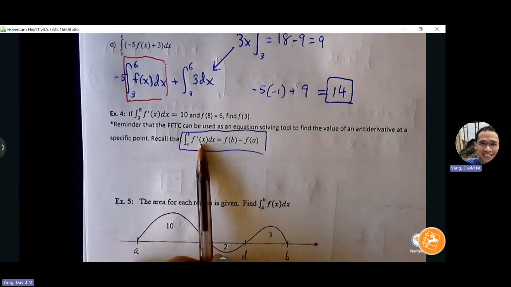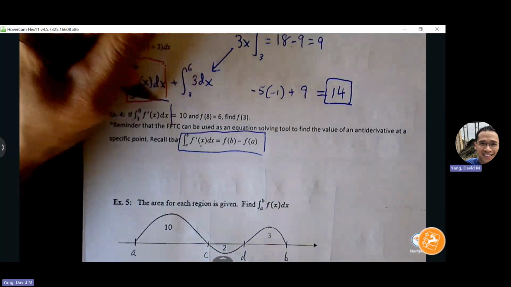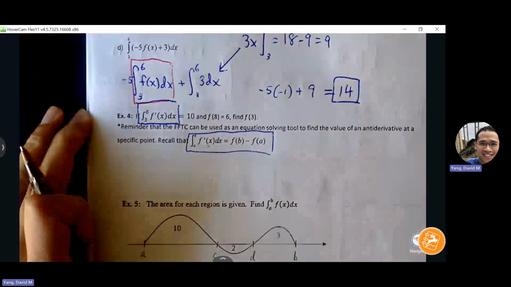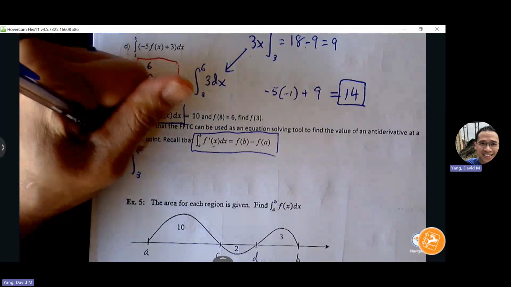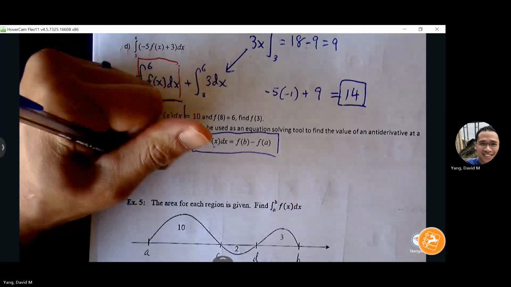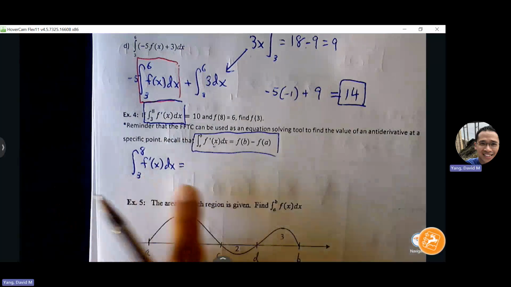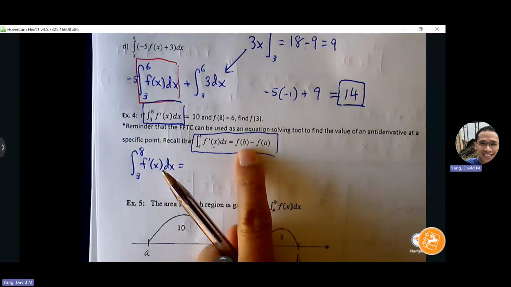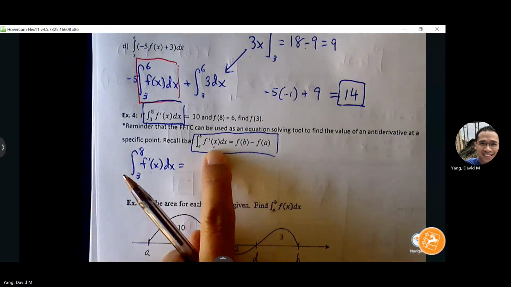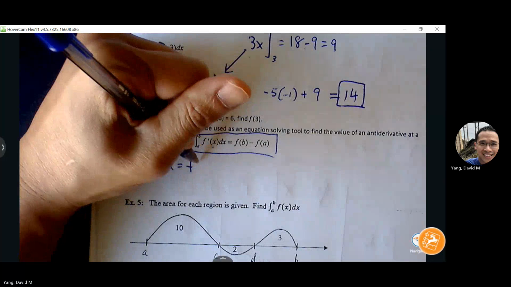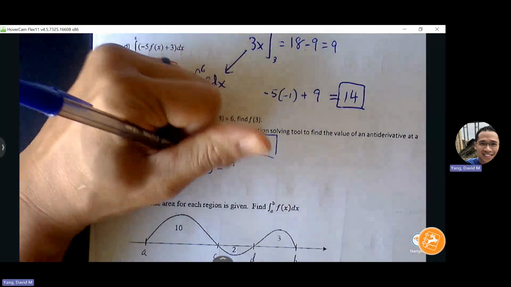I know that the integral of f prime will just turn into f of b minus f of a. So if I can spell that relationship out, I can see a little bit more of what's involved here. So the integral from 3 to 8 of f prime, without looking at that 10, I can spell that out to be f of 8, upper bound, minus f of 3.